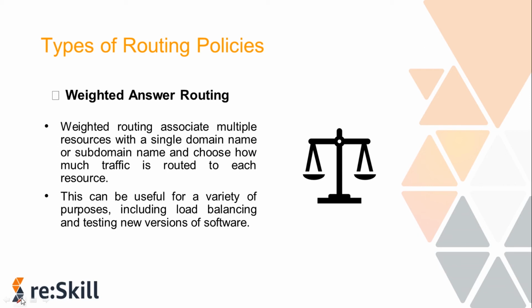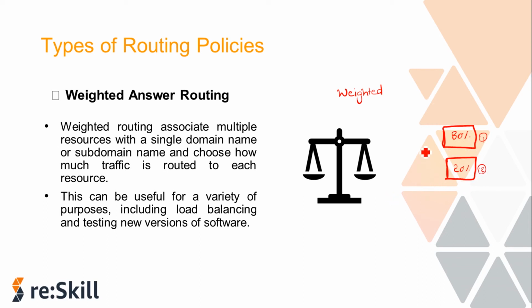Let me take an example here. Let's say I have 2 servers, and I am choosing the weighted routing policy. I can specify the weights for each server. This is the first server, this is the second server. I specify that 80% of the requests should go to this server, and 20% of the requests should go to this server.